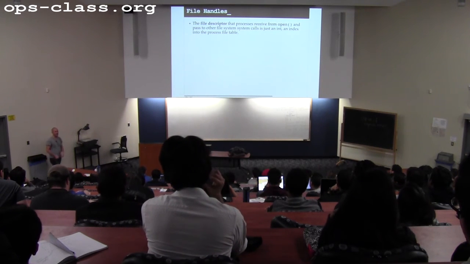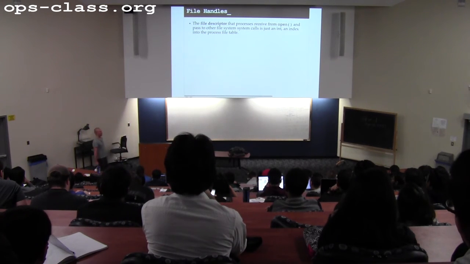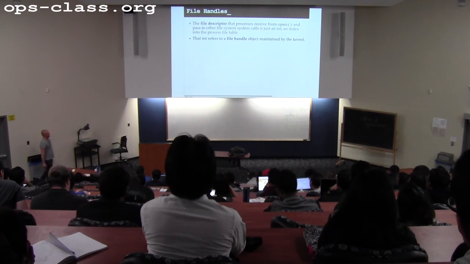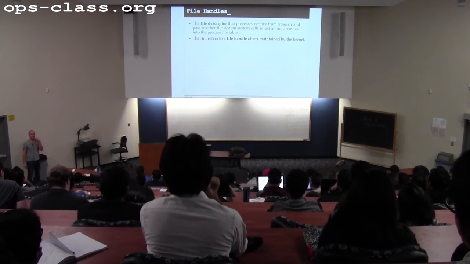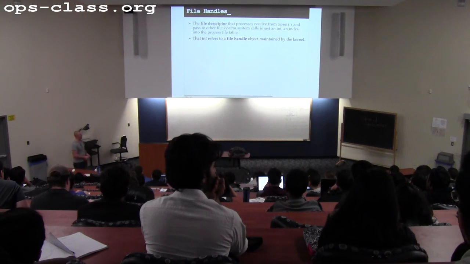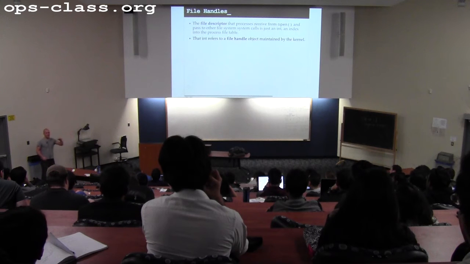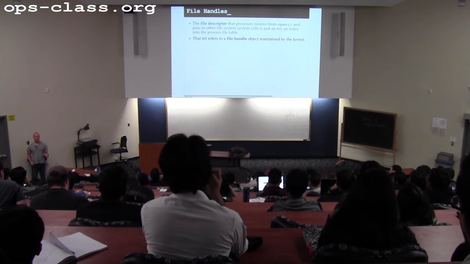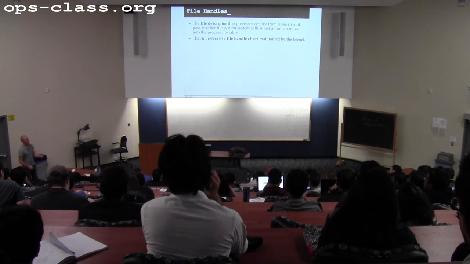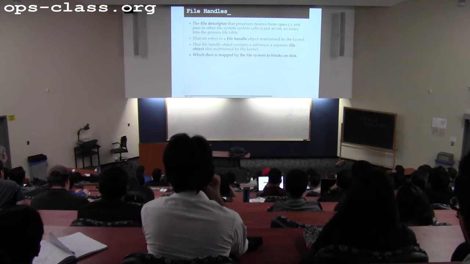And that's also what's passed to read and write to identify the file that you're modifying. So that int allows the kernel to look up the file handle in a table that it maintains in the kernel for that process. Okay? So I map a file descriptor, which is an int, to a file handle, which is a kernel object, to a file object. And then the file object allows me to locate things on disk.